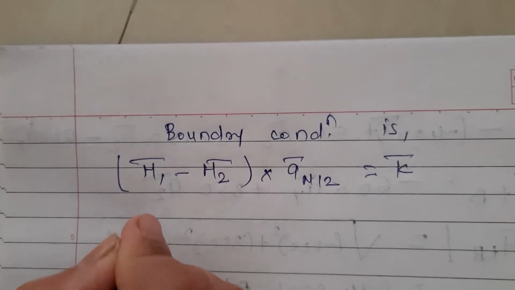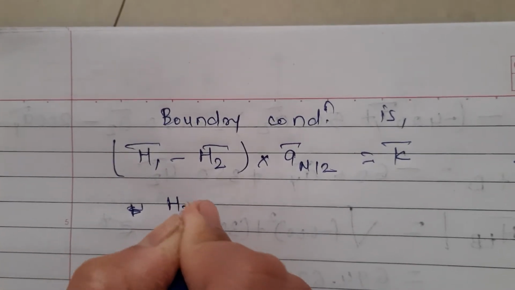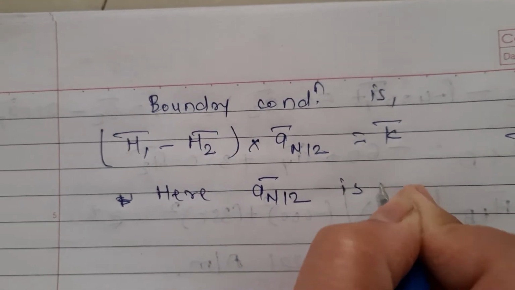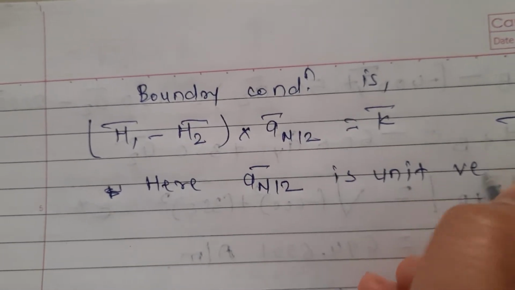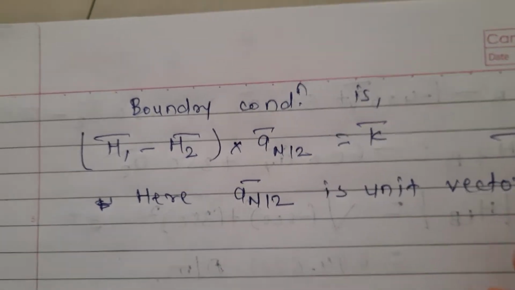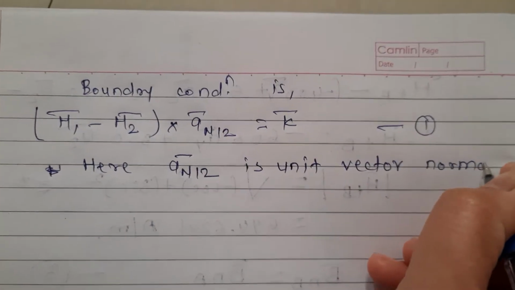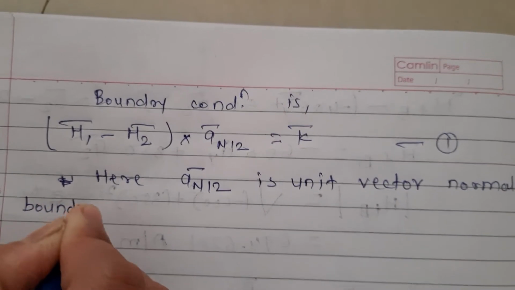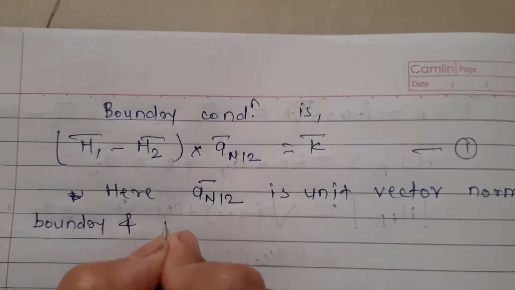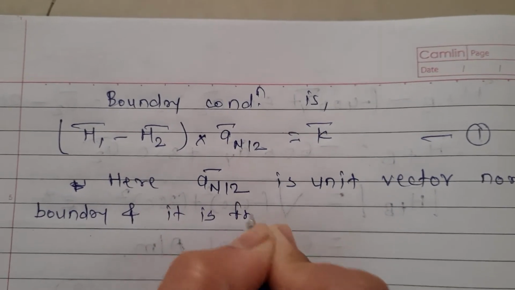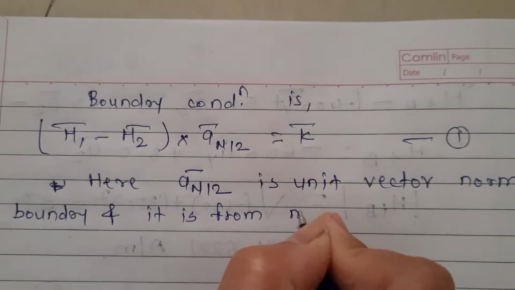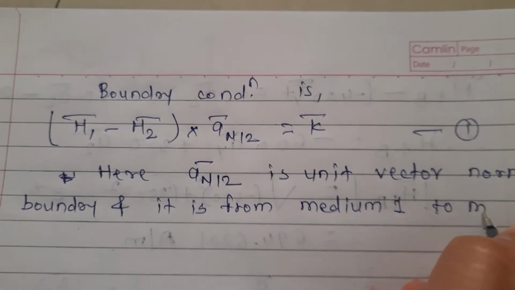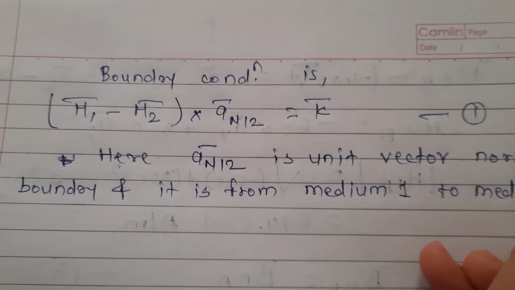Now here aN12 bar is the unit vector normal to the boundary, and it is from medium 1 to medium 2.